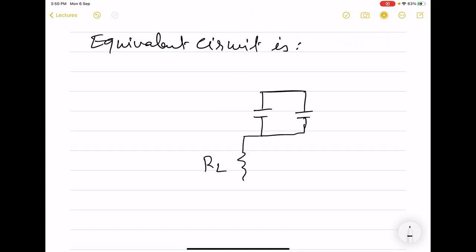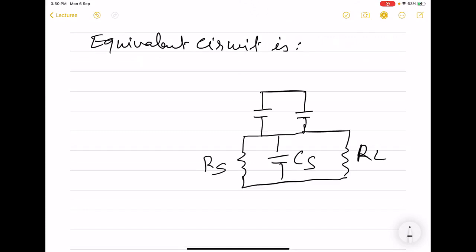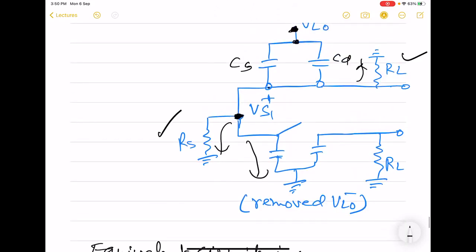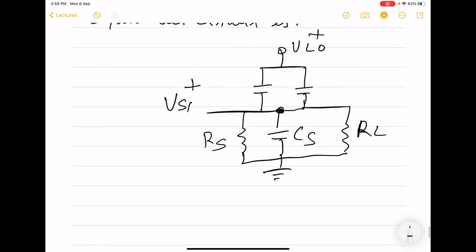So equivalent circuit now is, here we have RS, RL and CS. And this node is Vs1 plus, right? RS, RL, CS, and then CS and CD.